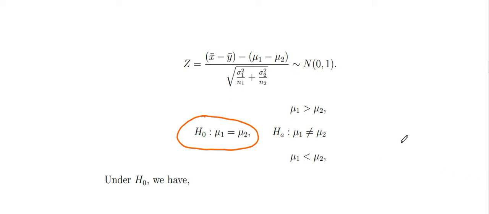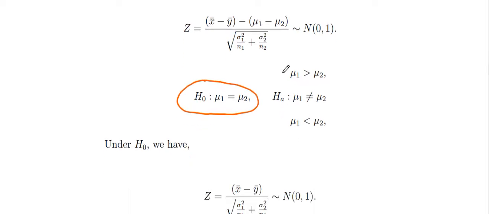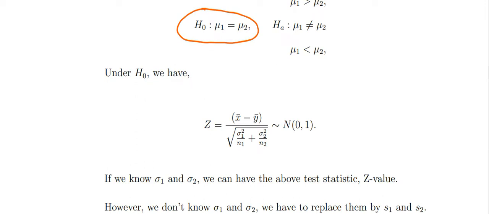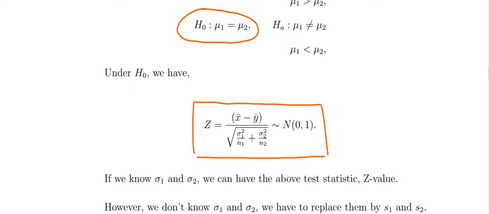Now under H0, if mu1 equals mu2, then mu1 minus mu2 equals 0, and this part becomes 0. So we have this, which follows a normal distribution.